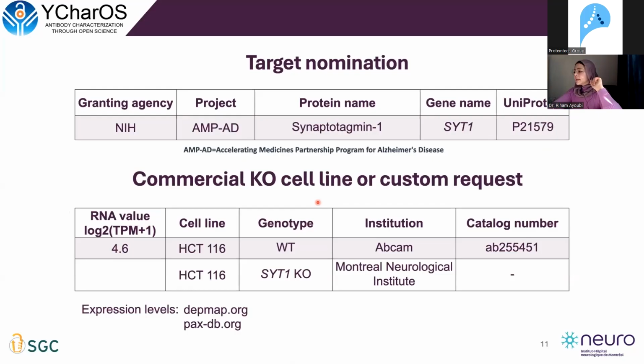However, in this case, and based on DepMap's transcriptomics, a custom knockout was necessary in this cell line background, HCT116, for example. And this custom knockout was made in partnership with the Early Drug Discovery Unit at the Montreal Neurological Institute, where we are based right now.